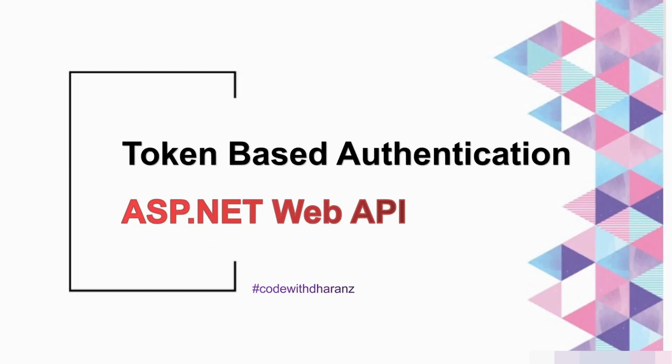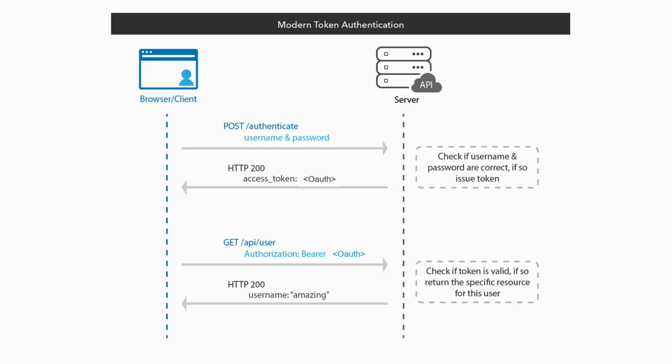First of all, before we learn how to implement it, we have to learn how token-based authentication works. A modern token authentication is simply the interaction between the browser and the server, as with normal APIs.